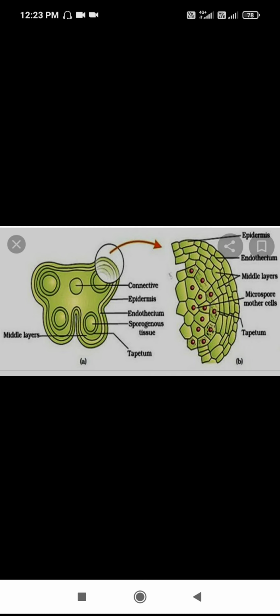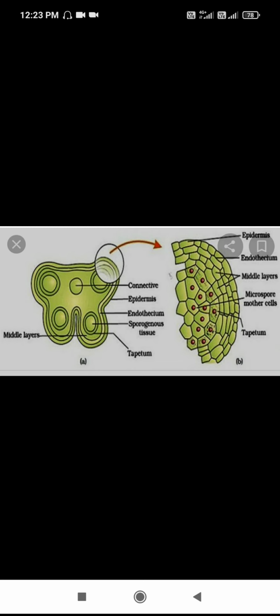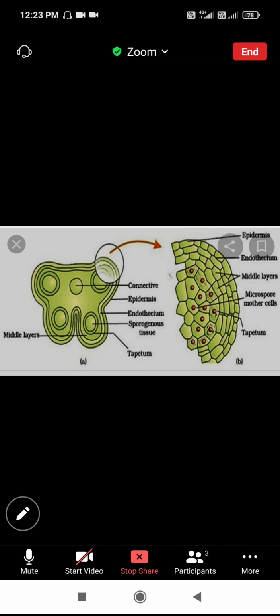Next we have to discuss the development of the male gametophyte.